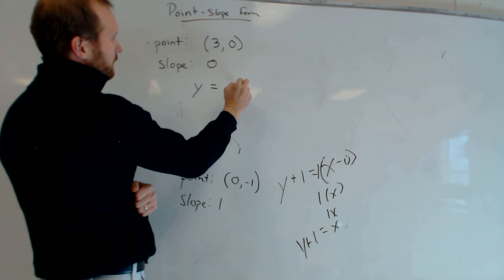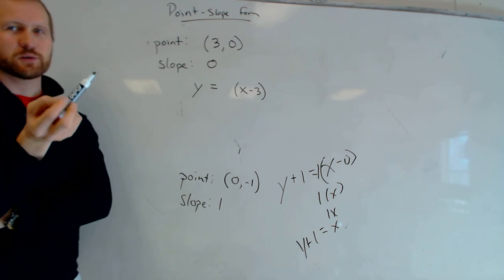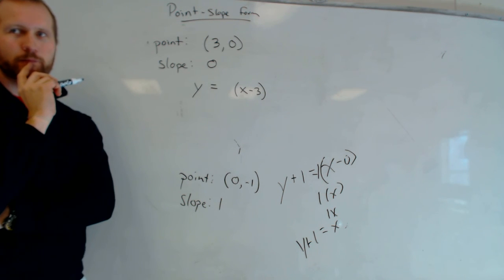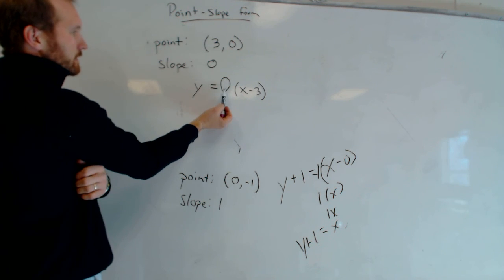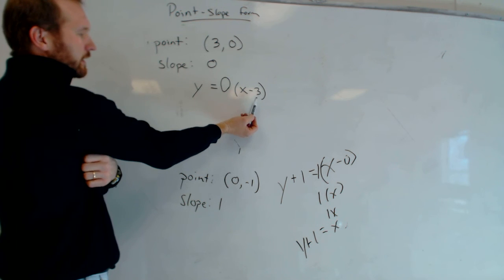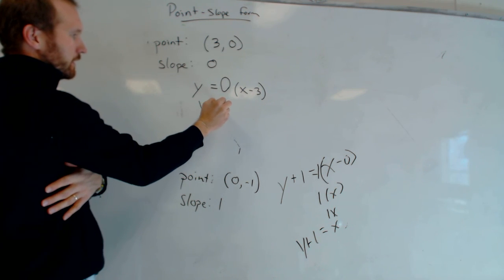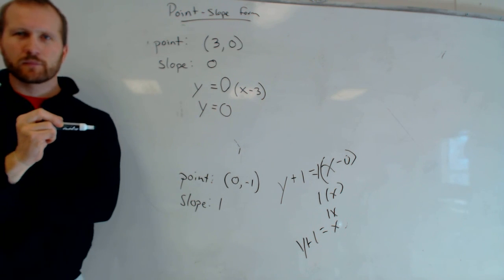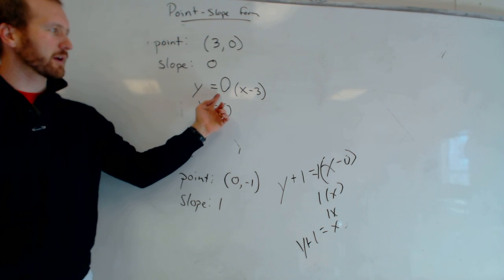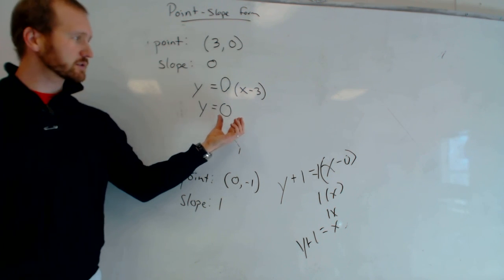What goes in front of the x minus 3? Nothing. So zero. Is 0 the same as nothing in this case? No. So I just need to write a 0. Why? Because 0 times anything equals what? Zero. So y would equal 0. The 3 kind of disappears in this one, right? Because I have 0 times something. So that's just 0.